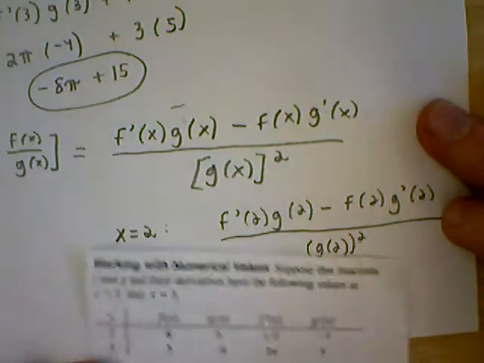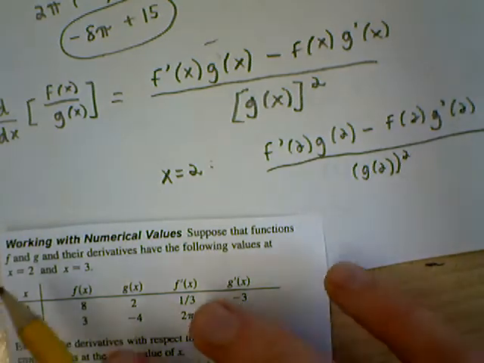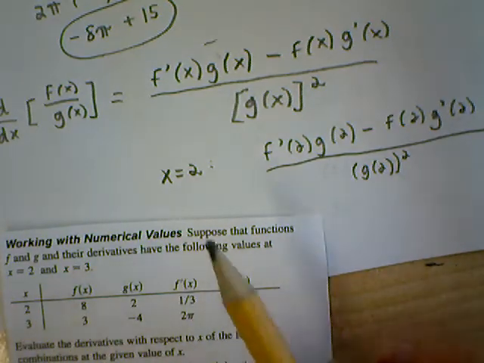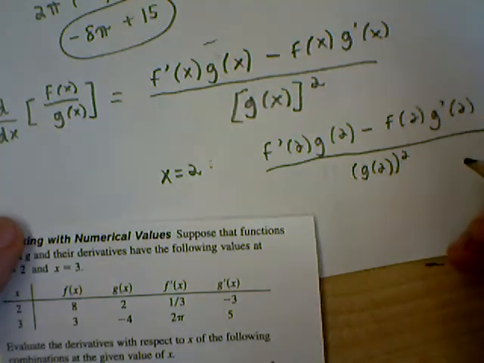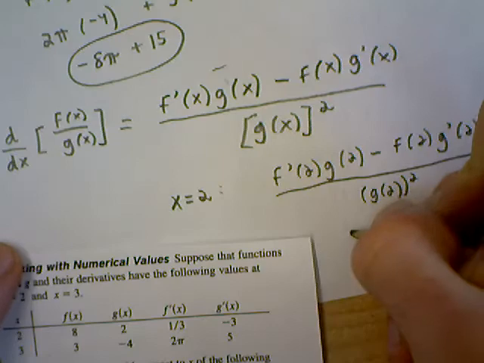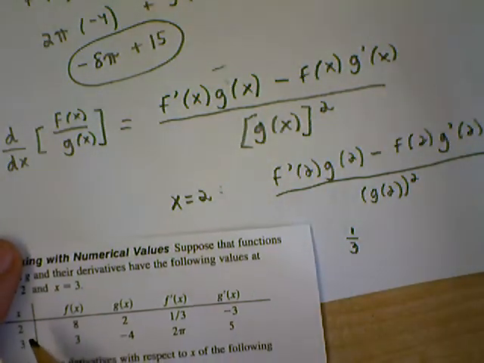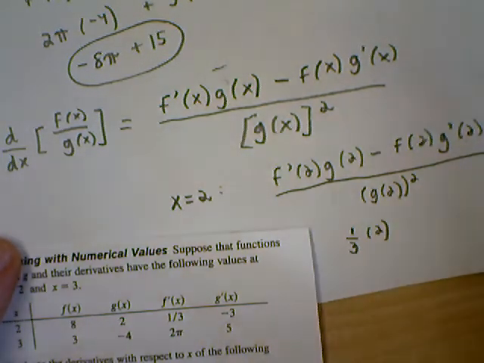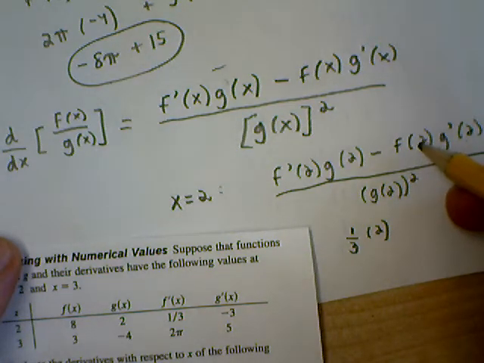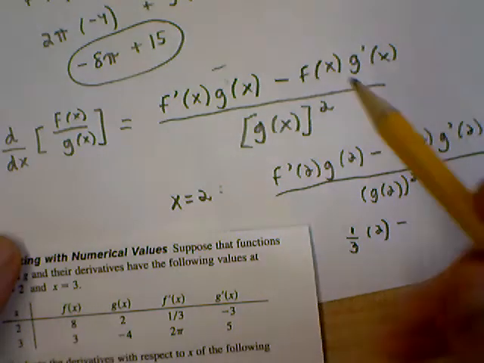All right, let's start looking at our chart. So now f prime of 2 is 1/3. G of 2 is 2. F of 2 is 8.